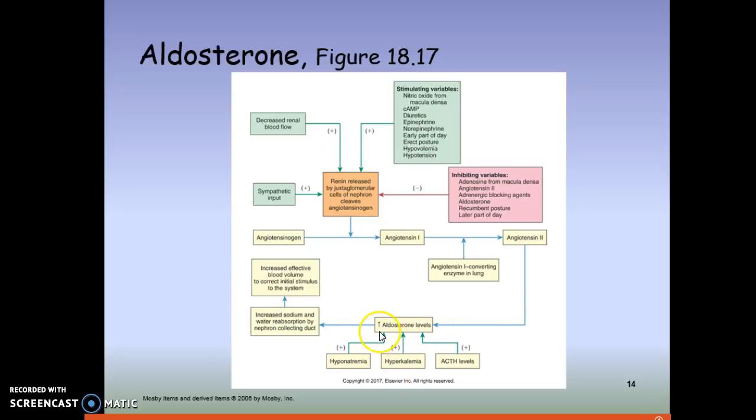Increased aldosterone levels can also be activated by hyponatremia, hyperkalemia, too much phosphate, or maybe that's potassium, I'll have to check, or ACTH levels. So, real fast, if I were in class, I'd be asking one of you to correct me, and it is chapter 5.